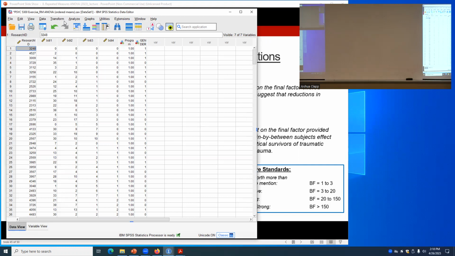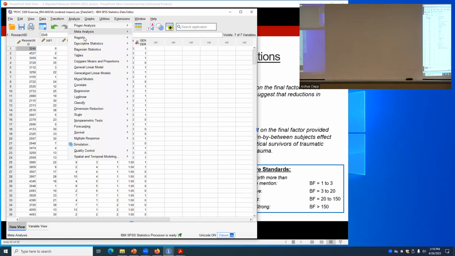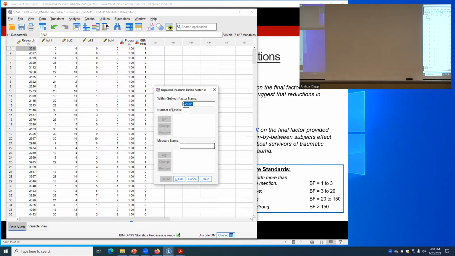Means 365, that looks good. And I'm going to analyze general linear model, repeated measures, and for this handout we're calling this factor session.